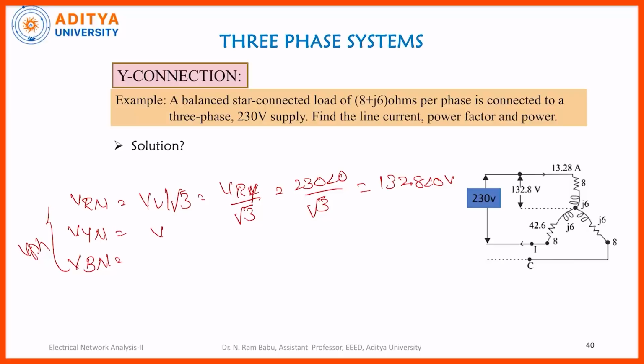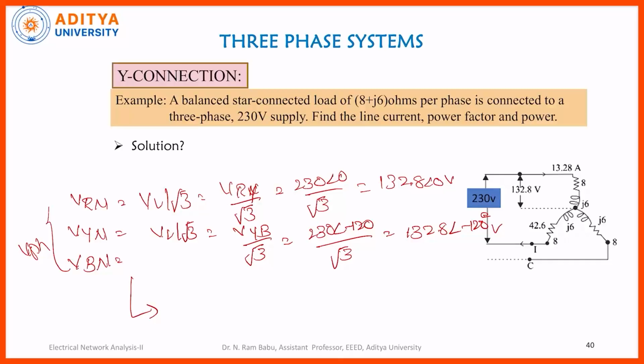Next one Vyn, its formula is also VL by root 3, this one is Vyb by root 3, which is nothing but 230 at an angle of minus 120 divided by root 3. It will be around 132.8 at an angle of minus 120 degrees. Next one is Vbn.